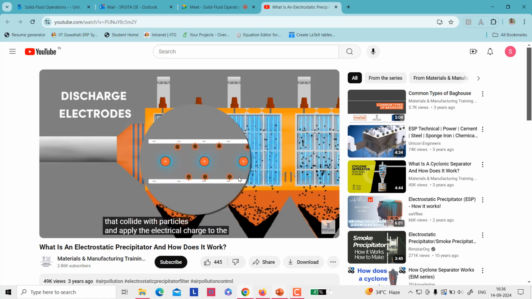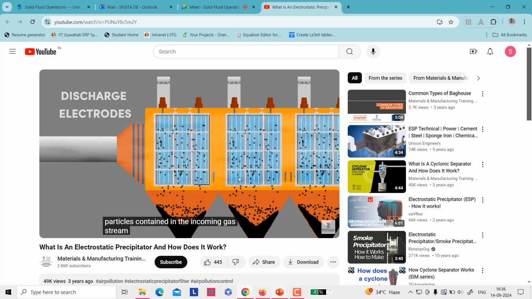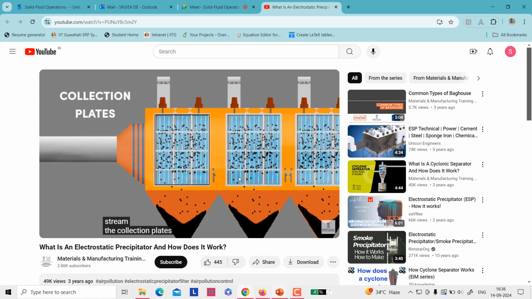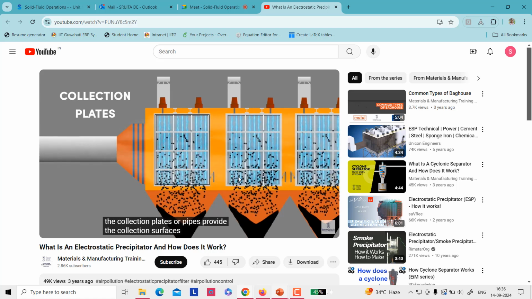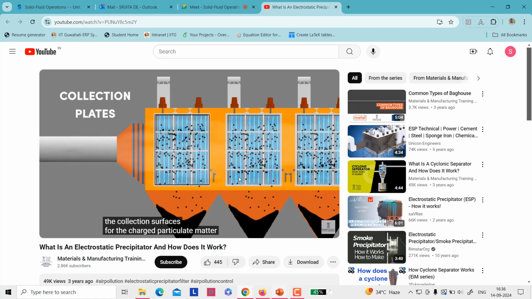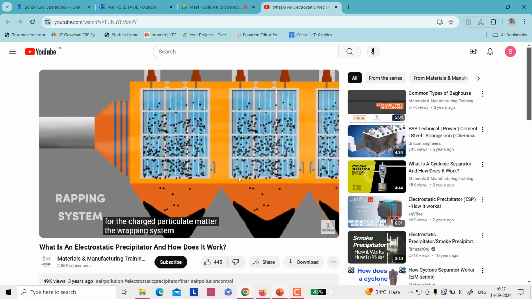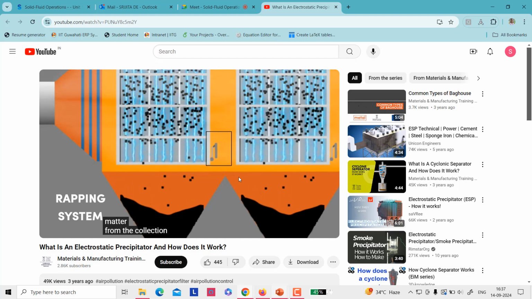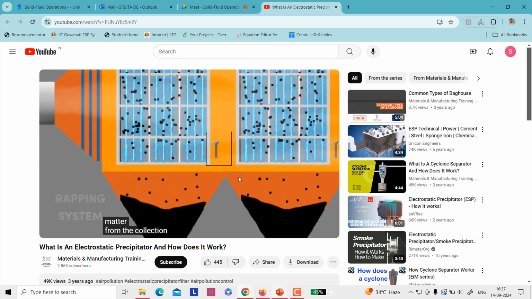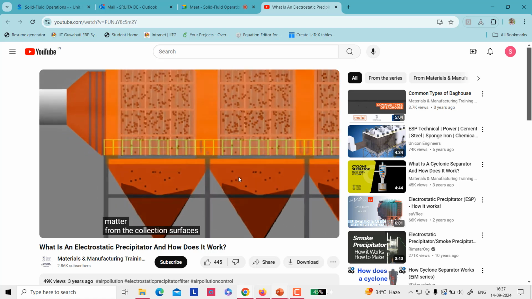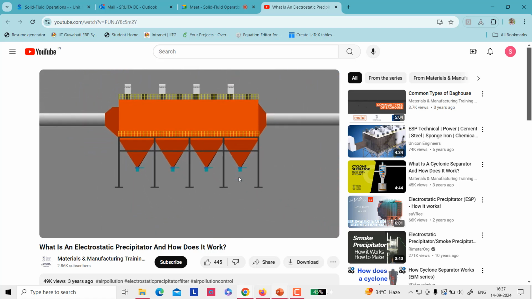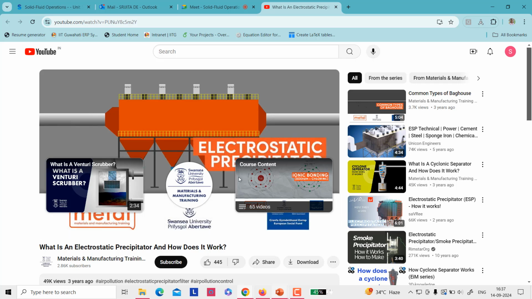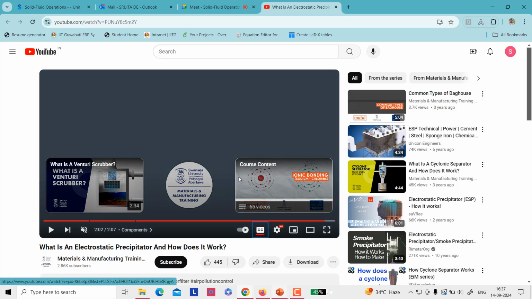They are attached there because of their potential difference. So this is how the electrostatic precipitator works.